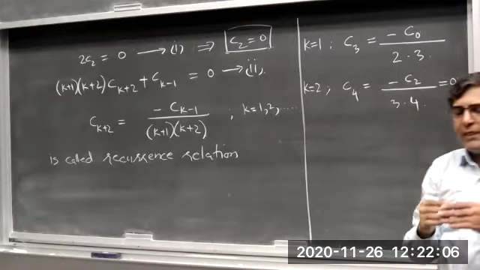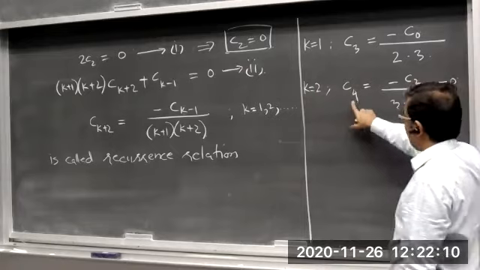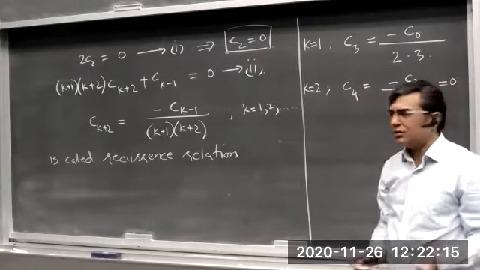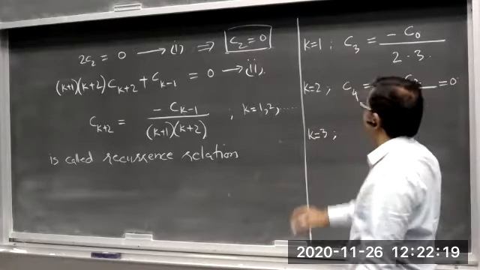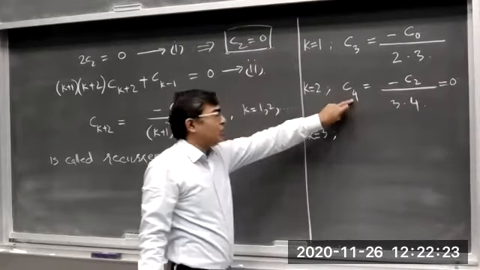So all the coefficients with even subscript will all be 0. Now we can only find the coefficients with odd subscript.